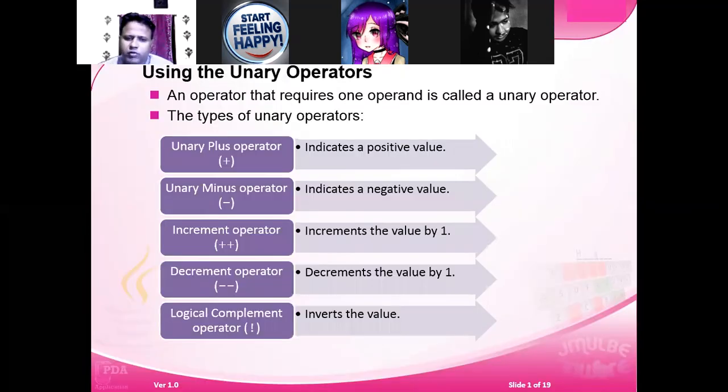Okay, so unary operator, an operator that requires one operand, is called the unary operator. One is unary plus operator, unary minus operator, then increment operator, which if you write plus plus, increments the value by 1. If you write minus minus, it decrements the value by 1.